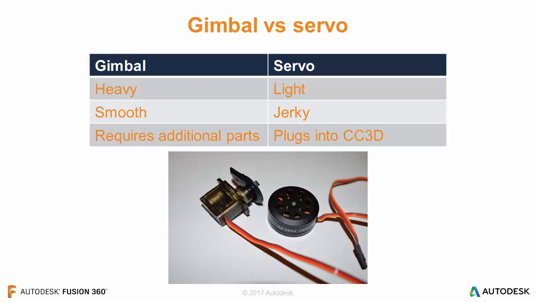In our case, the weight is going to be more important than the jerky motion of the camera tilting. We are going to be using manual control of the servo, so we don't really need to worry about that smooth motion because we're going to be turning a dial on the controller to look down or up as needed with our camera. We can use automatic stabilization with our CC3D flight controller to control a servo to automatically tilt the camera up and down based on the angle that the quadcopter is flying at.